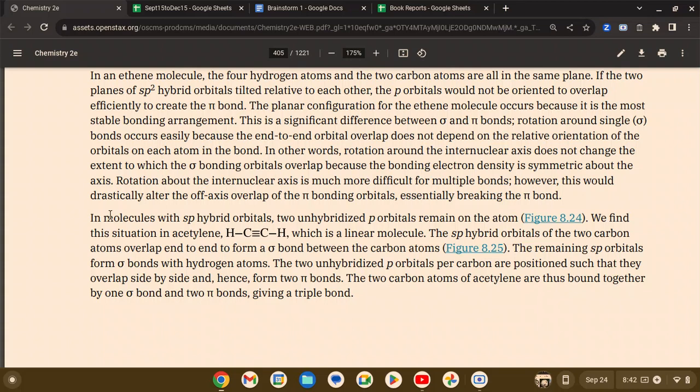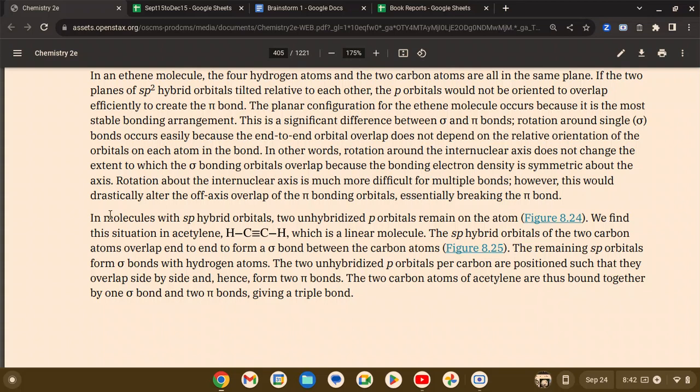The planar configuration for the ethene molecule occurs because it is the most stable bonding arrangement. This is a significant difference between sigma and pi bonds. Rotation around a single sigma bond occurs easily because the end-to-end orbital overlap does not depend on the relative orientation of the orbitals on each atom in the bond.